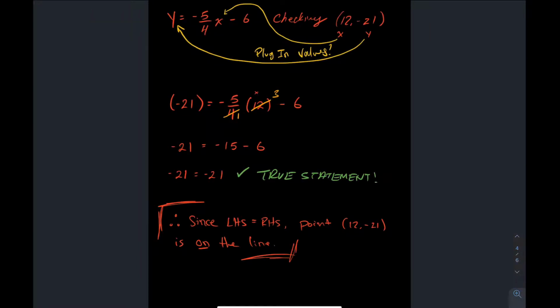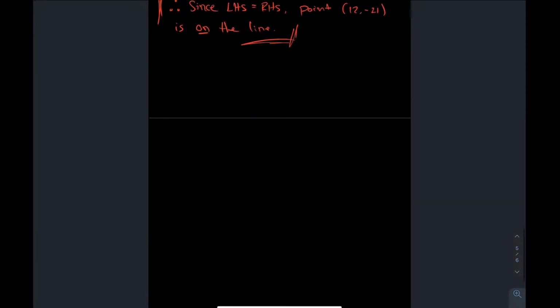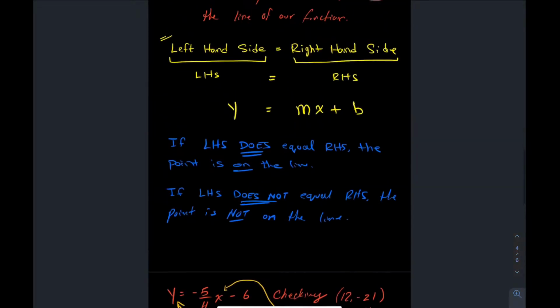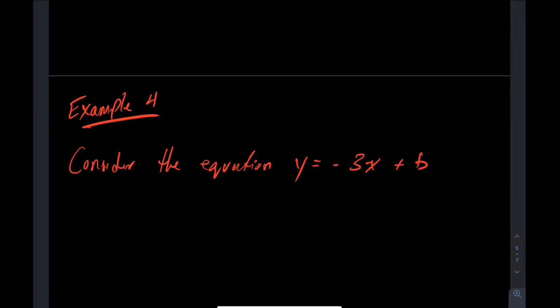Yeah. So we got one more, I promise. What are we on now? Example 4. So let's say it was asking us, consider the equation y equals negative 3x plus b.